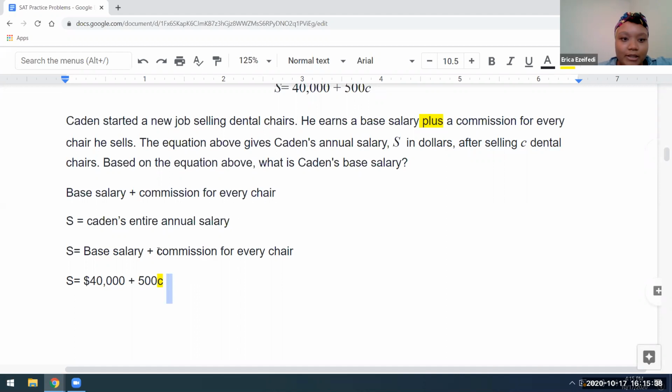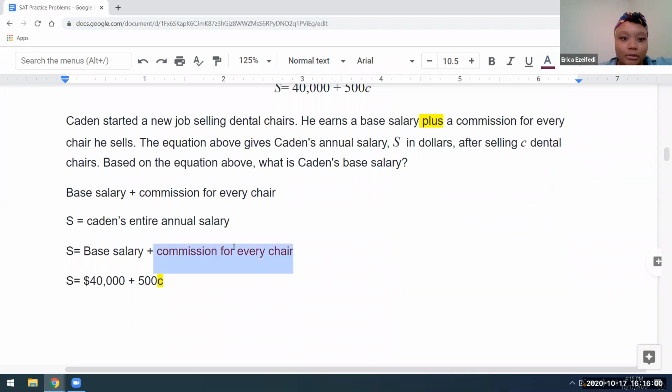So this must be the commission for every chair, because the number of chairs is accounted for by C. So therefore the commission is 500C. So we've accounted for this right here.